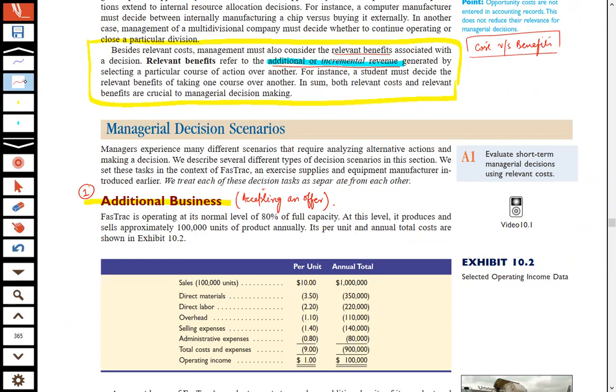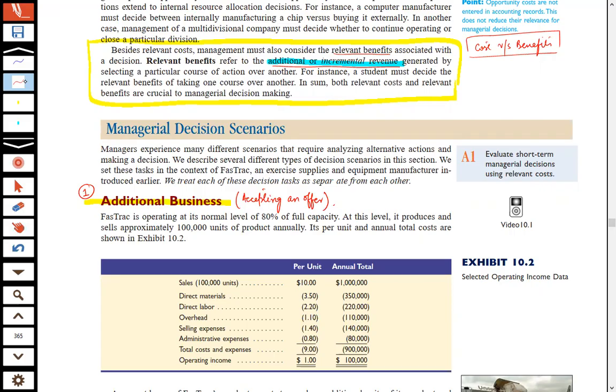Fast Track is operating at its normal level of 80% of full capacity. Now the first sentence is giving you an indication that the company still has how many percent of capacity? 20%, obviously. It means it can extend its operation as well.